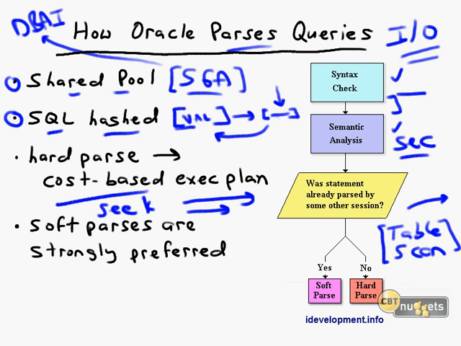Input, output in all four of the major subsystems on a computer. We're talking about disk I/O because we have to access data files and pull data blocks from those data files, read blocks from the data files, etc. Network I/O because we're receiving queries from the user and sending the results back over the wire back to that user.